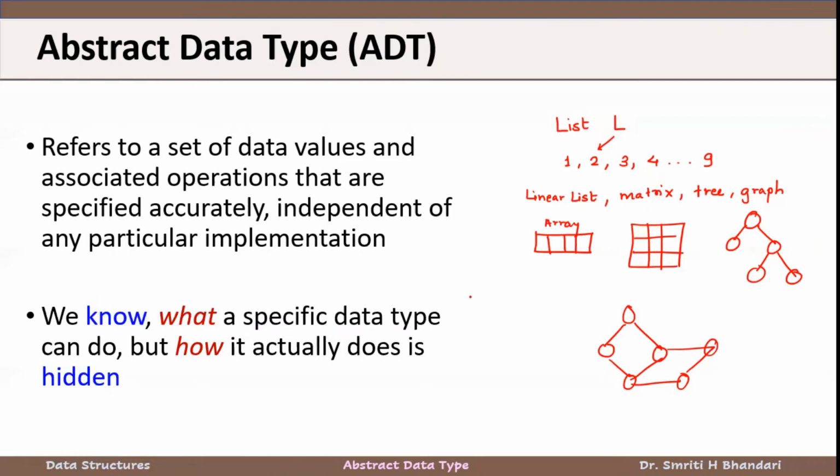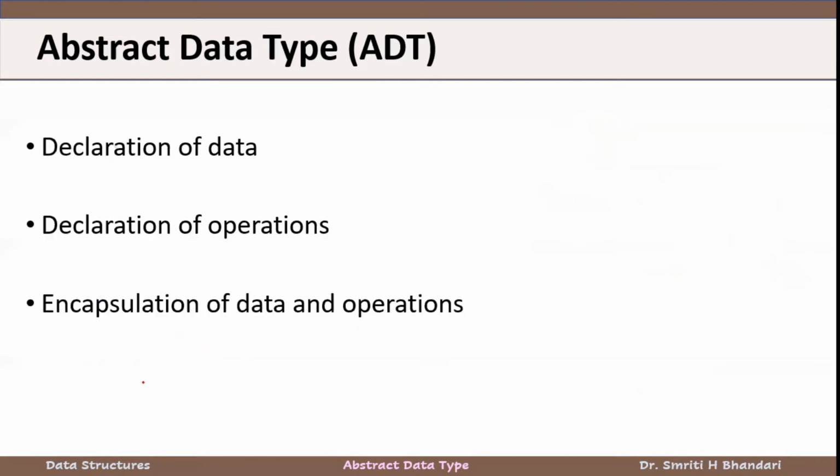So whenever a user is using any particular abstract data type, the user knows what a specific data type can do, but how it actually does is hidden from the user. So such kind of a data type is known as abstract data type, right?